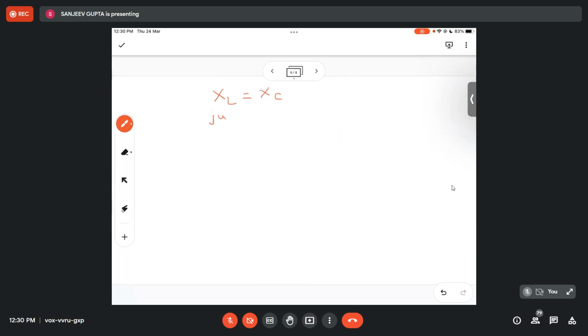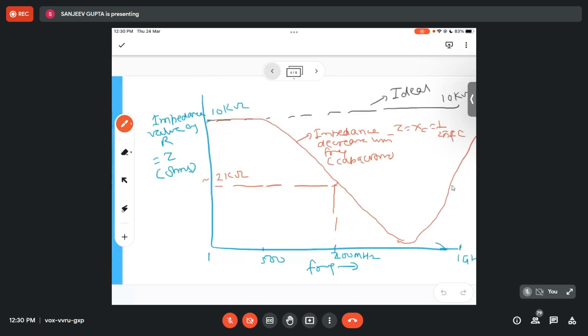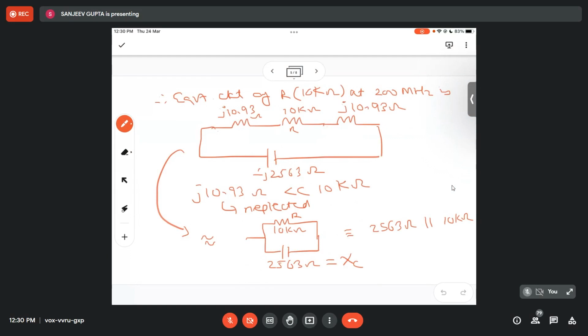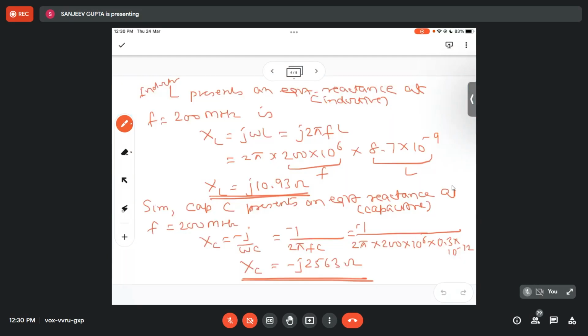That means j omega L is equal to 1 by j omega C. Okay, as we have seen earlier, your capacitive reactance is denoted by 1 by j omega C, or minus j over omega C, because j square is equal to minus 1.